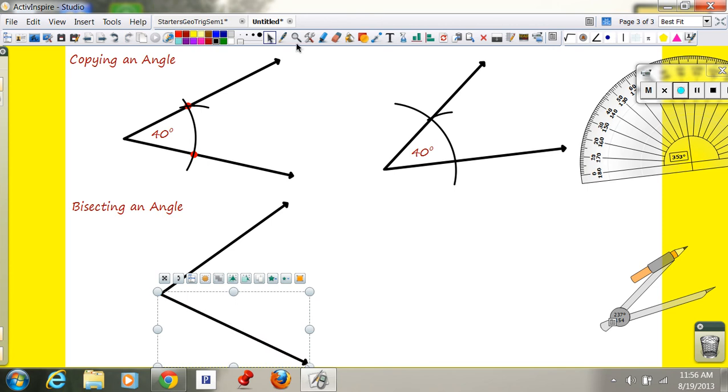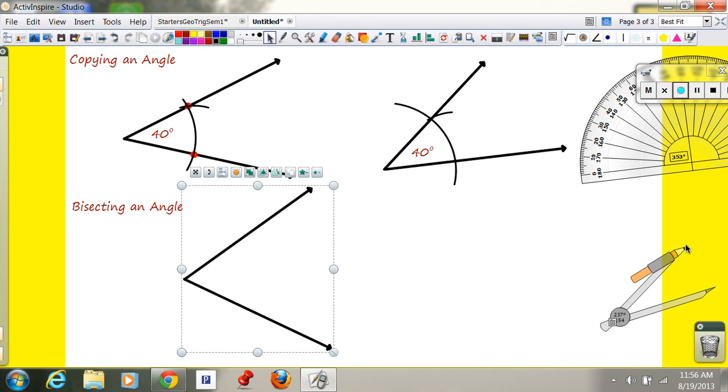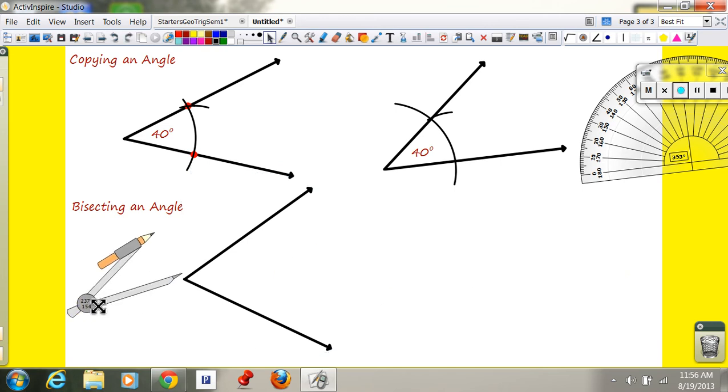And you want to take your compass and do the same first step as you did in the last one. You want to make an arc. It doesn't matter exactly where you put your arc. You just need to find two dots that are the same distance away from your vertex. So in other words, I need those two red dots again.